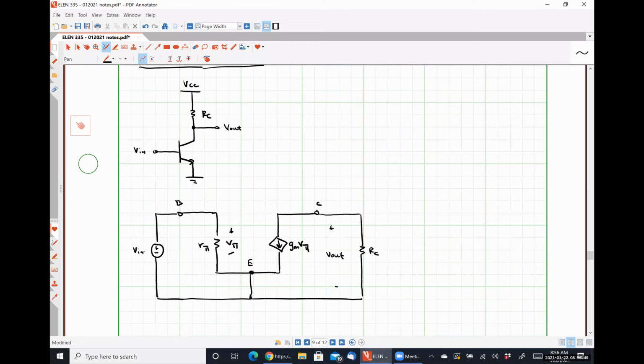Pick one. Input resistance. All right. So input resistance, again, is determined by, we have some applied voltage at the input. We want to know what the ratio of that input voltage divided by the current flowing through that input voltage is. What's it going to be? It'll be Vx over Ix, which is going to be something, right? We can literally figure out what that something is by inspection here.